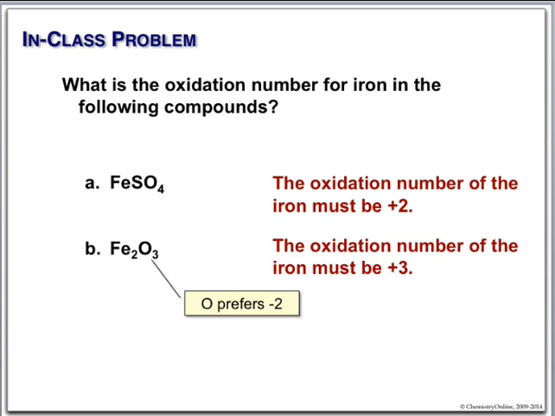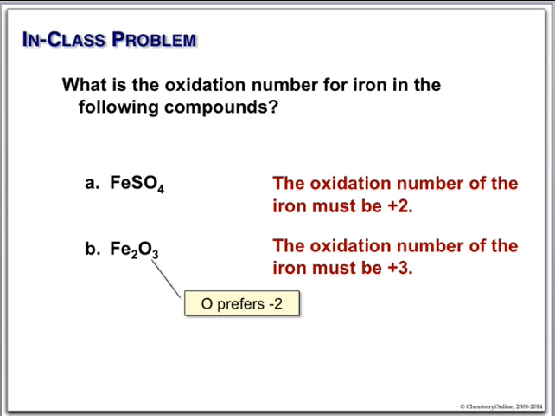You can do your little crisscross in reverse. We have 3 oxygens, so iron must be +3. We have 2 irons, so the oxygen must be -2. Same sort of thing. 6 positives, 6 negatives. Any questions?